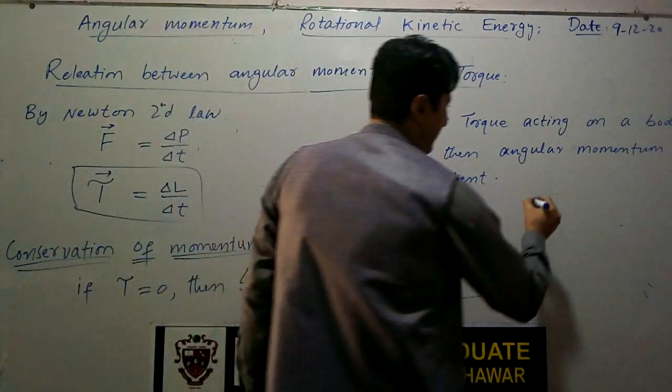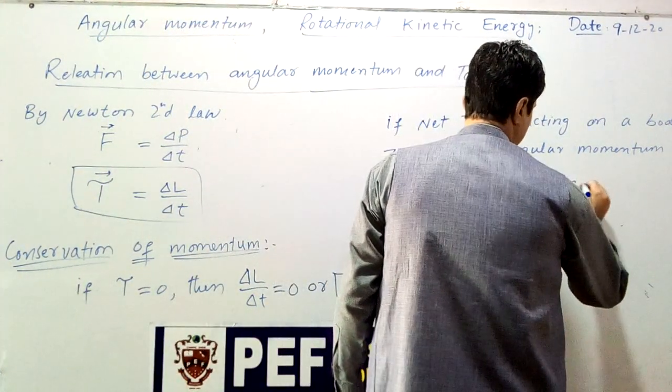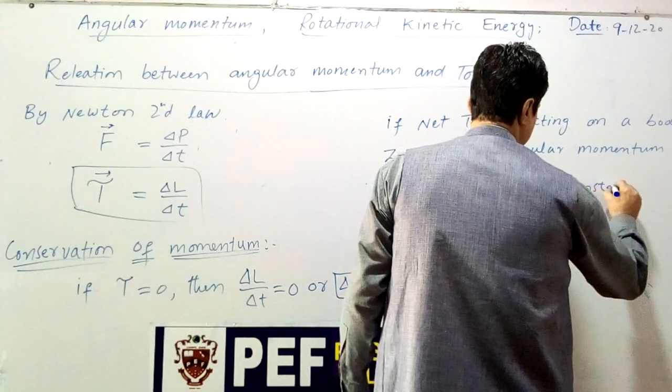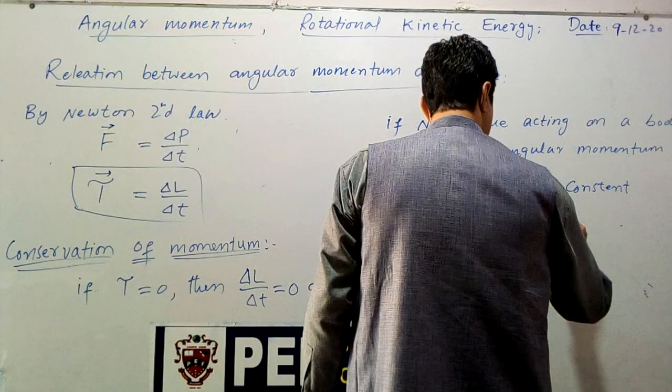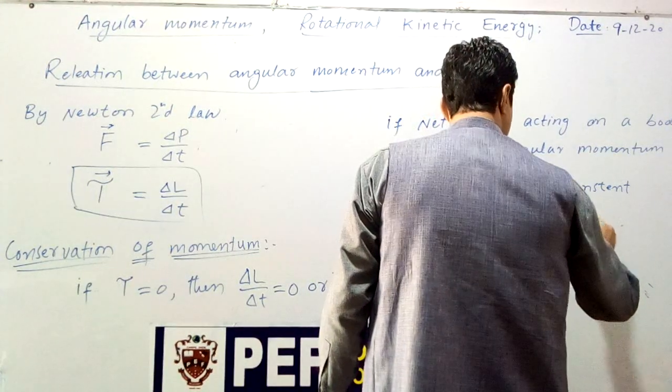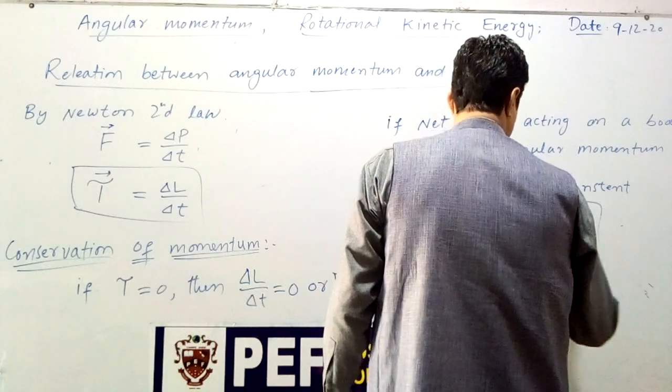It means that L equals constant. So initial angular momentum will be equal to final angular momentum. This is the conservation of angular momentum.